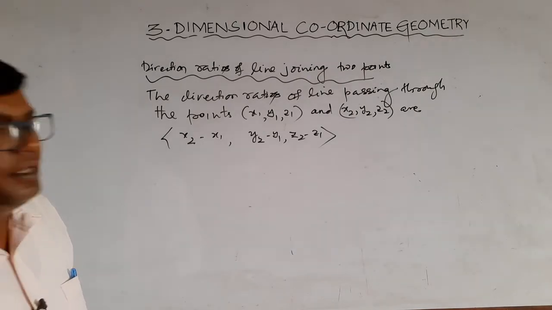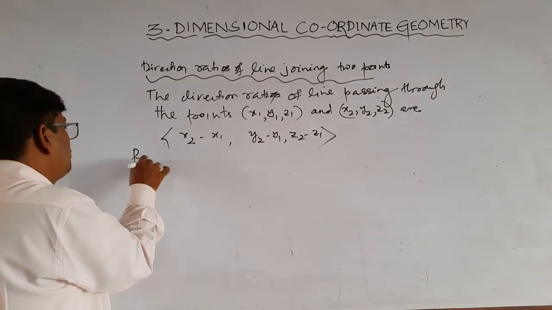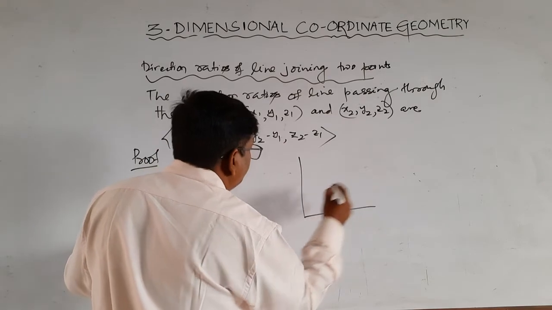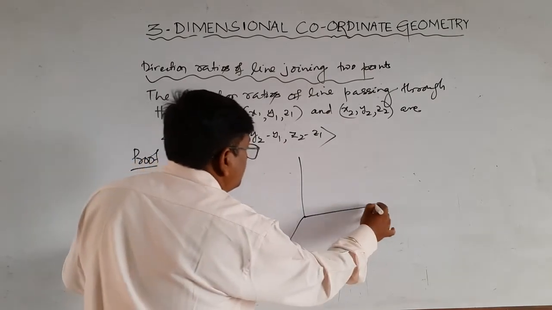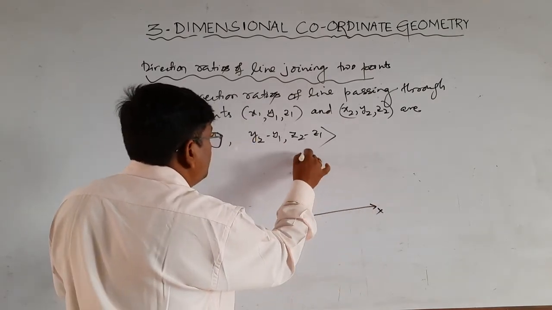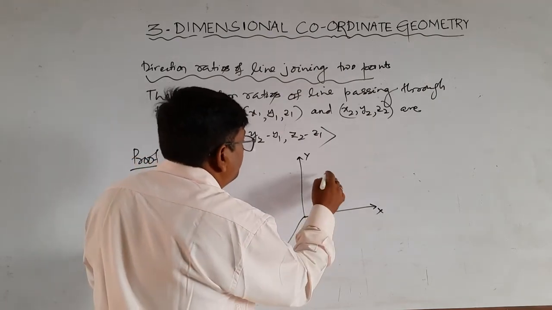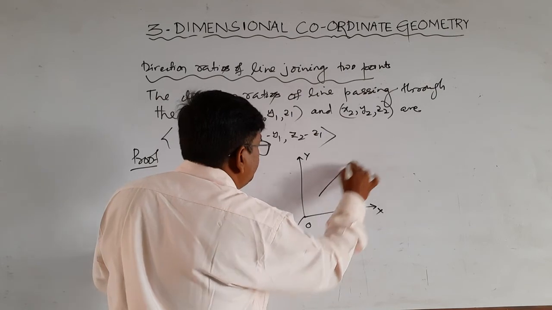Now the proof. This is the coordinate system. This is x, this is y, this is z, and this is the origin. Suppose the line is like this.